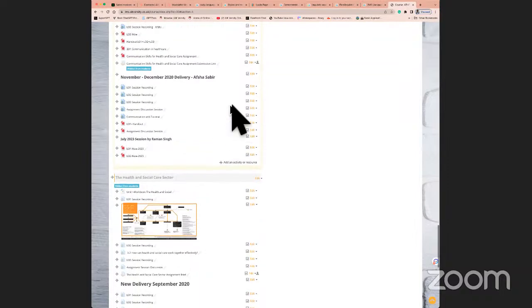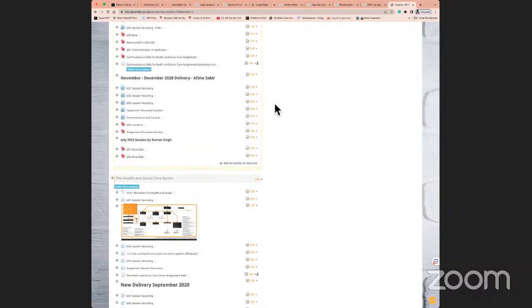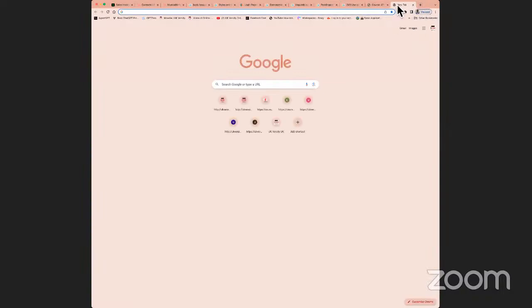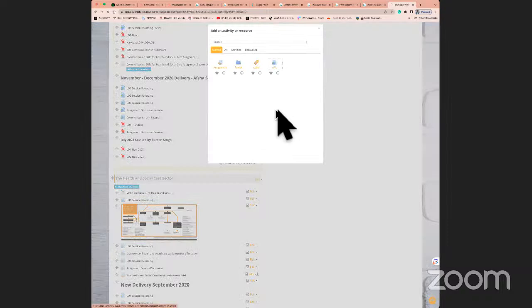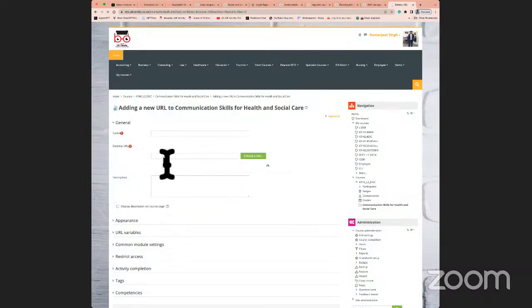Just as a bit of a distinction between the two, so that you are clear that these are the ones that you need to be able to access, and that would be something that you'll be able to see primarily on your site on Moodle. So hopefully, if you need to revisit any of the sessions and recordings, you would be able to do that promptly, straight away. And I'm going to add these two sessions so that you're able to access them in the same location.